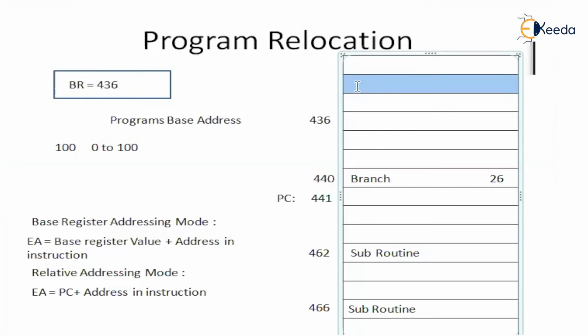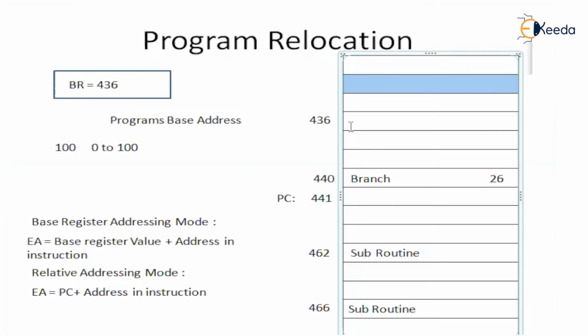This 26th location is not a part of the program. So what will happen if I go to 26? The operating system will terminate me, because the program base address is 436 and the program size is 100 instructions. So I need to be within 436 to 535. Only 100 locations are assigned to me.